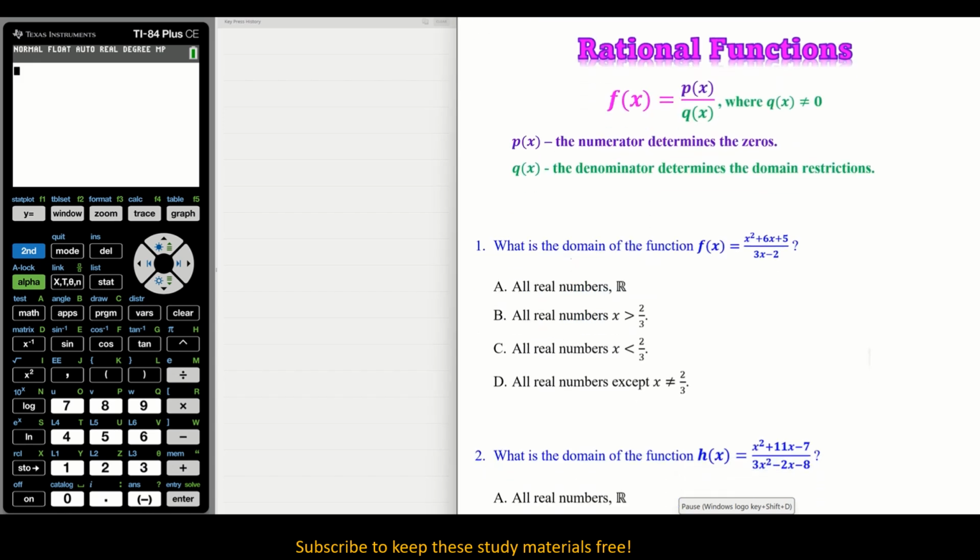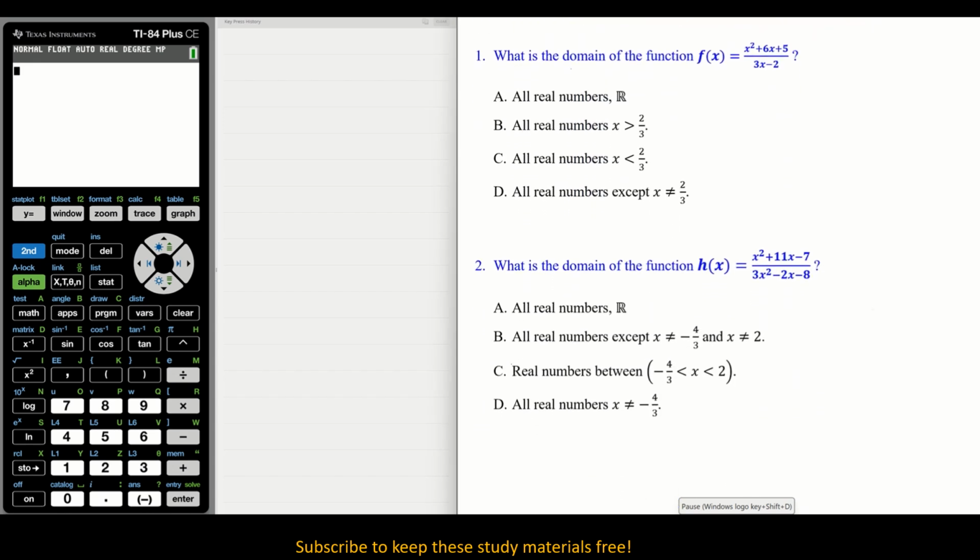Okay, so let's look at number 1 and number 2. All right, what is the domain of the function f of x? And as you see, we have two polynomials. But for the domain, we are only interested in the denominator.